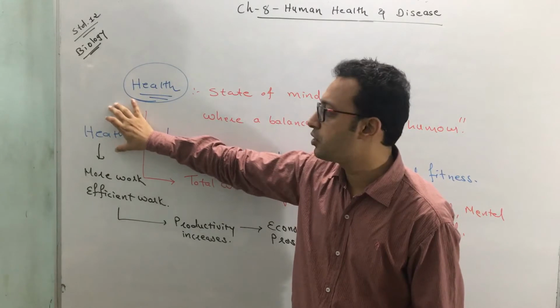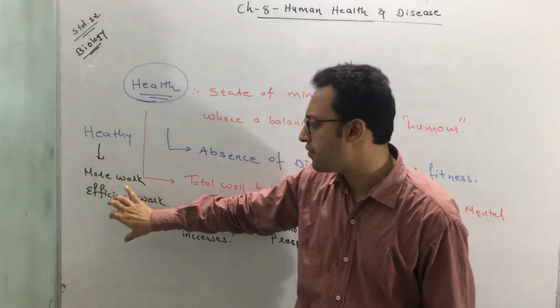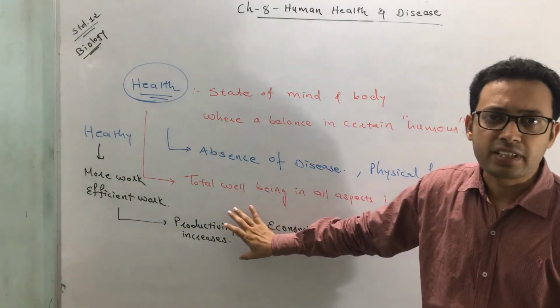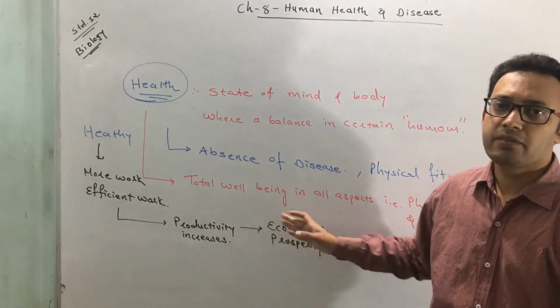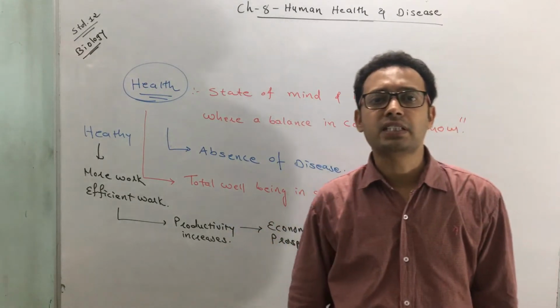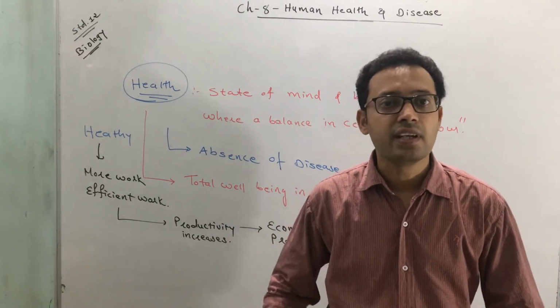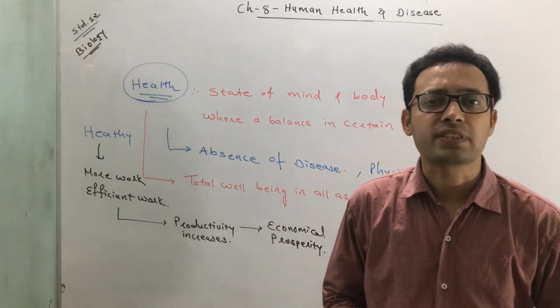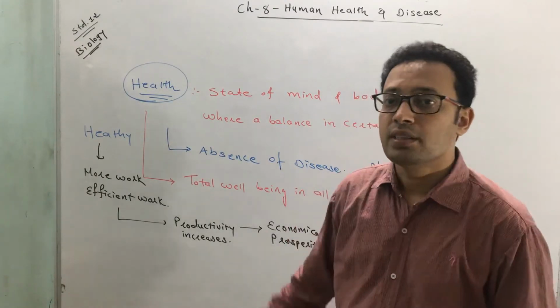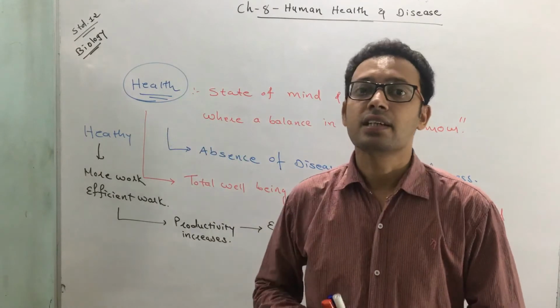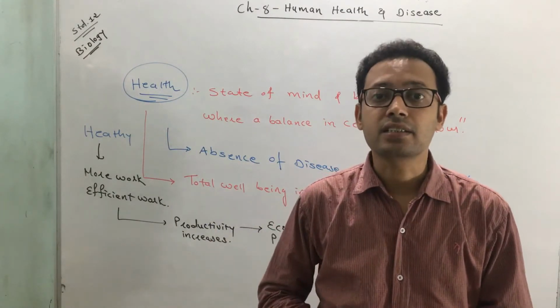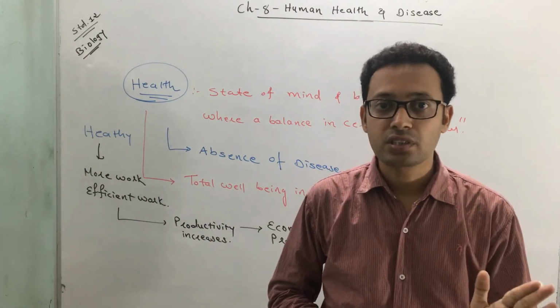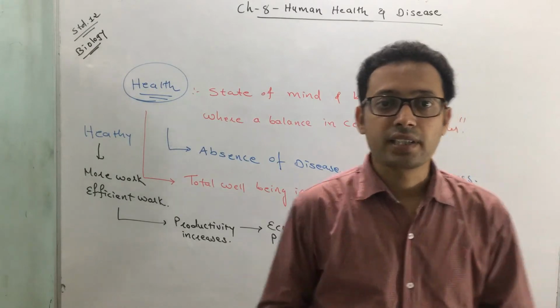You should be healthy because you can do more work, you can do efficient work, so your productivity increases. Productivity is linked with the prosperity of self, and ultimately it leads to the prosperity of society. So that's why the maintenance of health is necessary. Clear, students? So this is the reason why health is necessary.